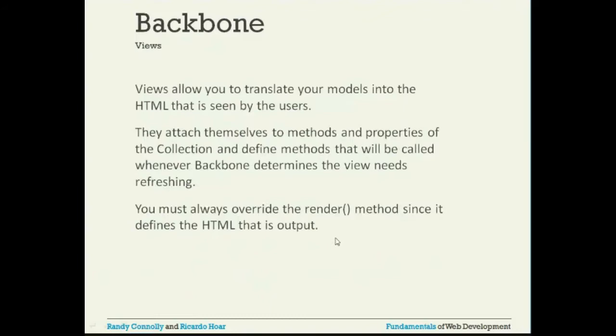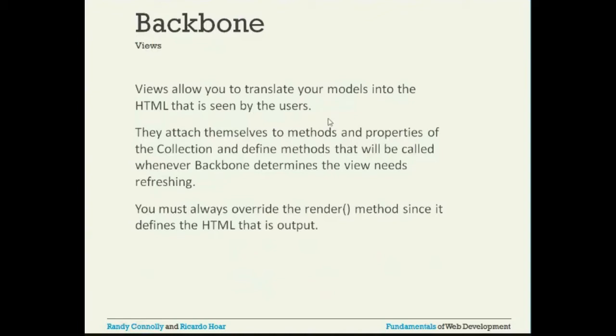Views allow you to translate your models into the HTML that is seen by the user. So views will transform the models so that they can be visible in the HTML for the users.